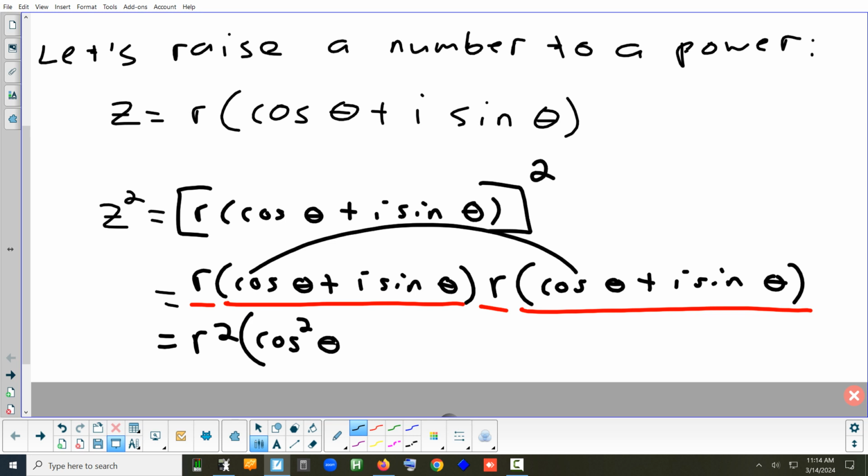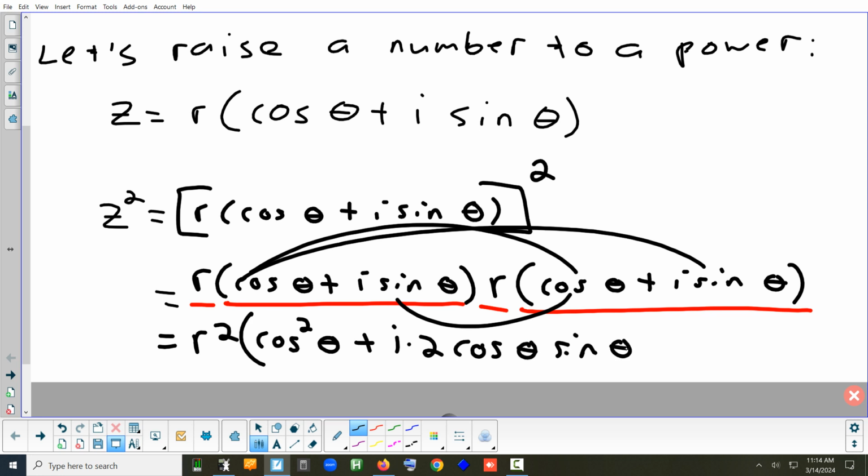So cosine squared, we have cosine times I sine, and another cosine times I sine. So how many of those do we have? 2. So we have 2 I sine. I'm going to write it like this. It's 2 of the cosine times I sines.